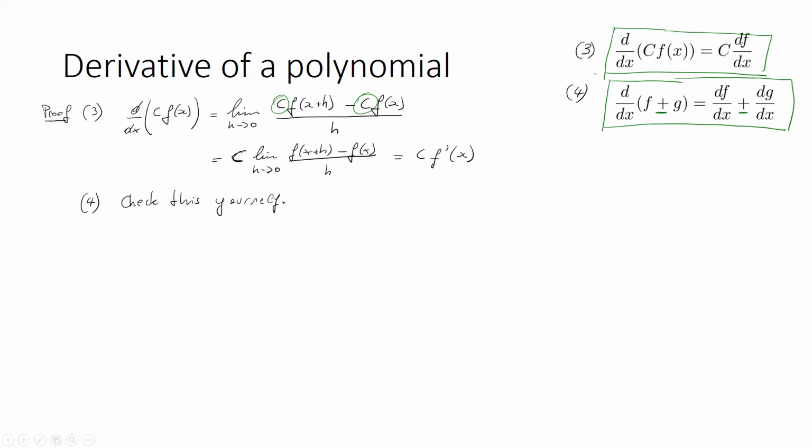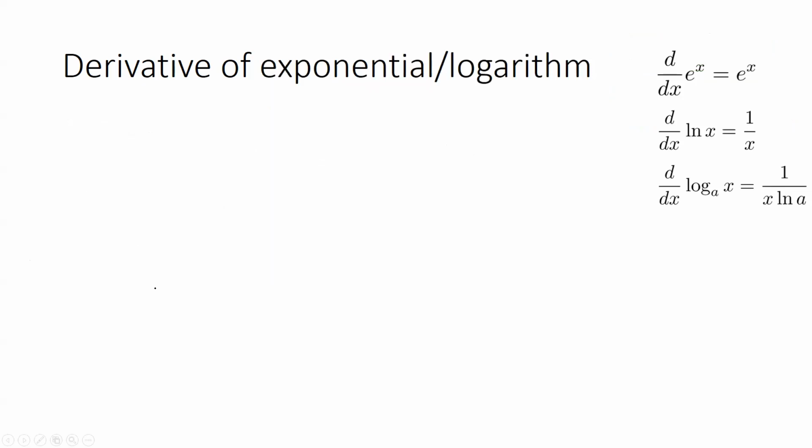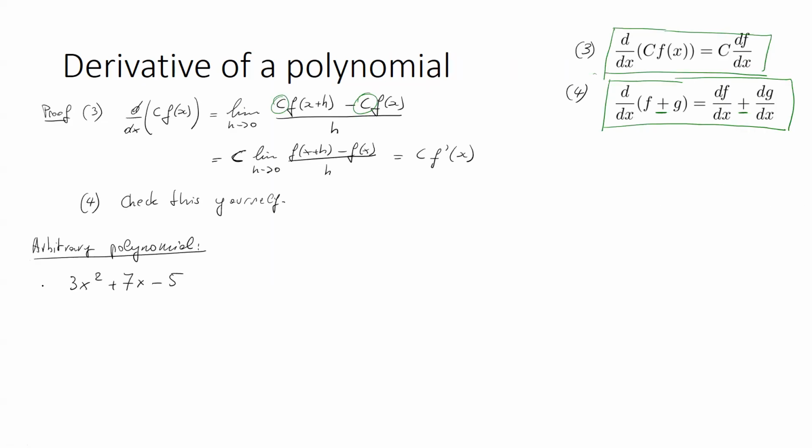And now what we can do is calculate the derivative of an arbitrary polynomial with those four rules. So let's take the polynomial where we calculated the derivative way back in the beginning with the limit. That was 3x squared plus 7x minus 5, and the derivative of all of that.